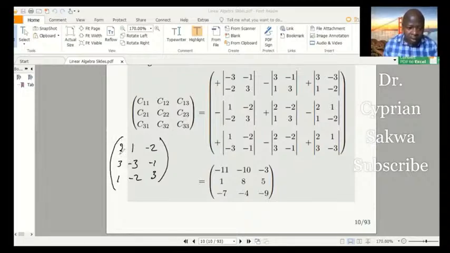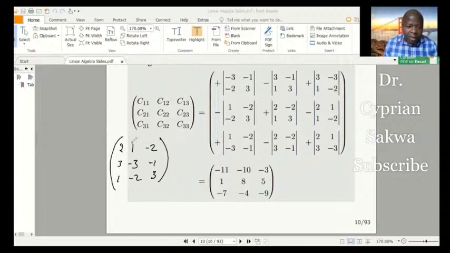To get the cofactor in this position, delete the first row and first column. We are left with this matrix: -3, -1, -2, 3. Find its determinant. The next sign is negative.